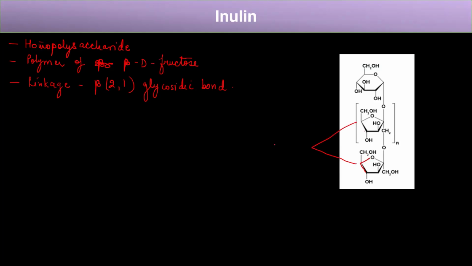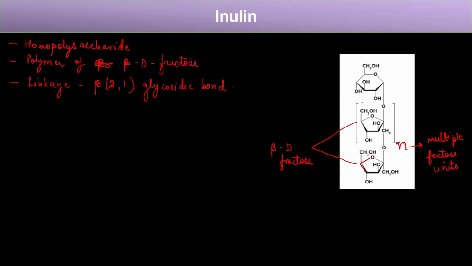These are beta D fructose. Now here the N is representing that there are multiple fructose units, because it's a polysaccharide, and we know that a polysaccharide consists of 10 to 100 monomeric units, right? So it has multiple fructose units.